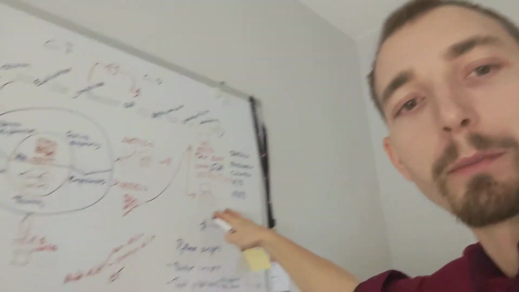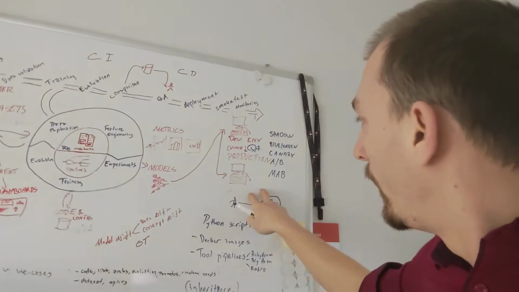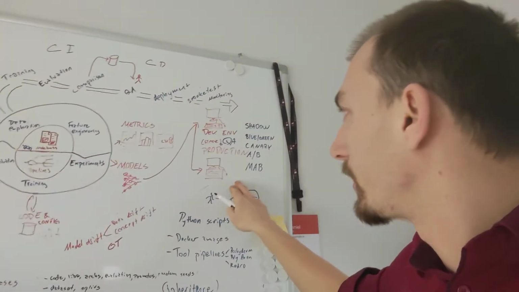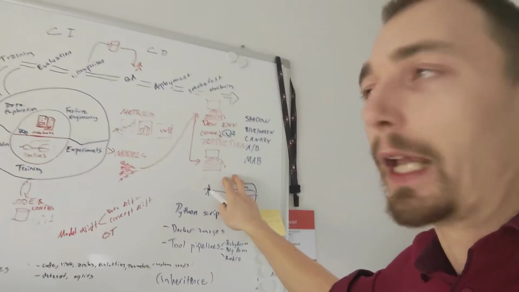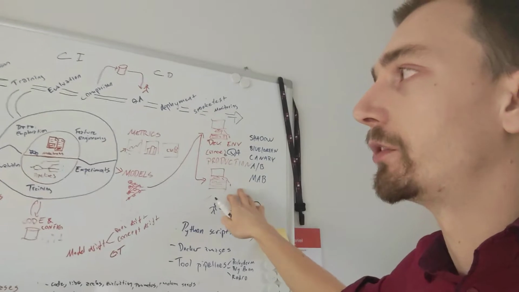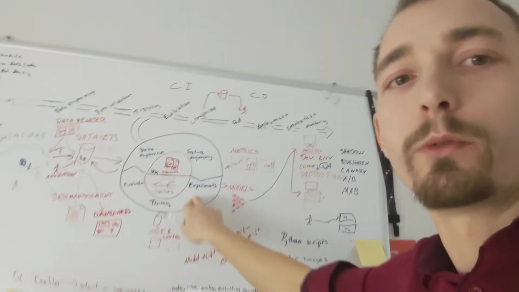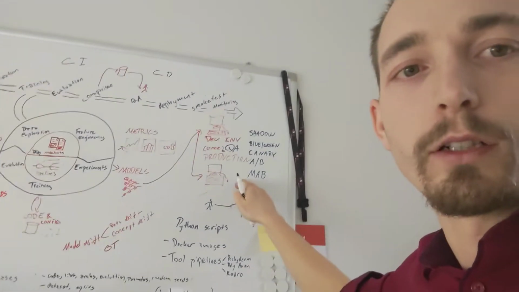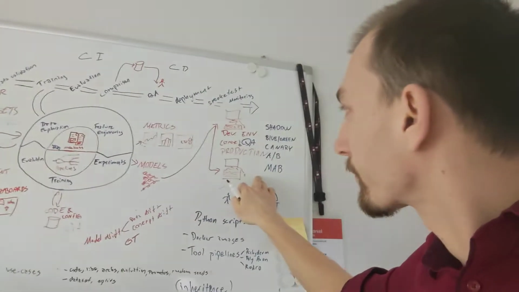Once we actually have a model that is running in a production system, we probably want to continuously monitor it and see how it does. Because one of the biggest issues with a system like this is that when we train our model, we train it on historical data, and then when we deploy it, it will act on data from the future.